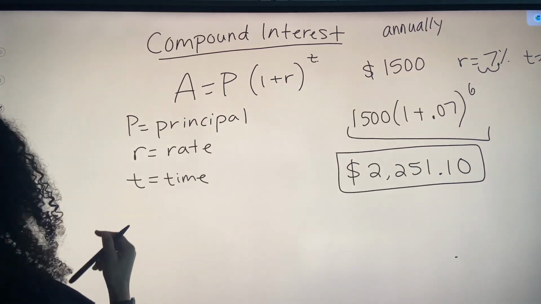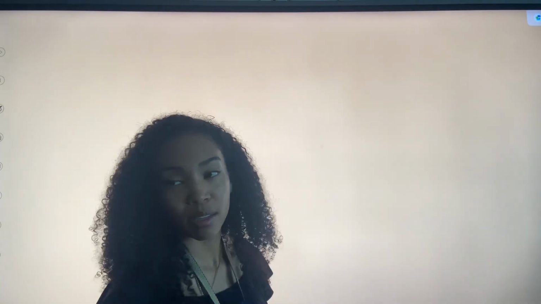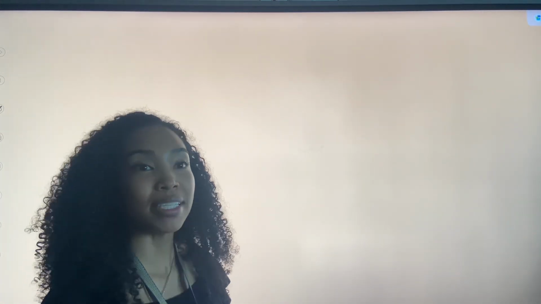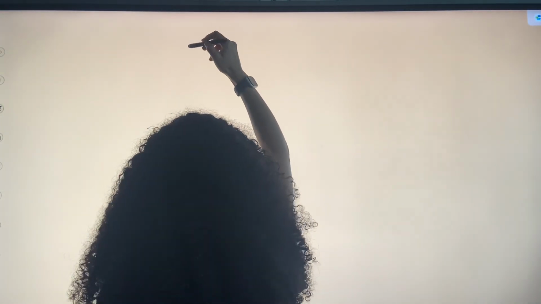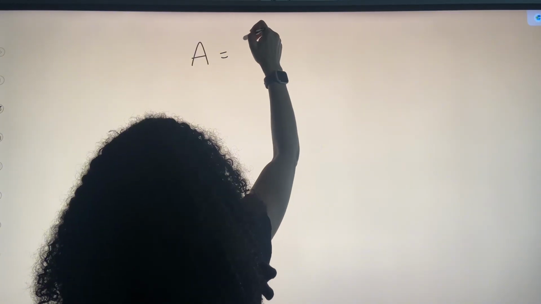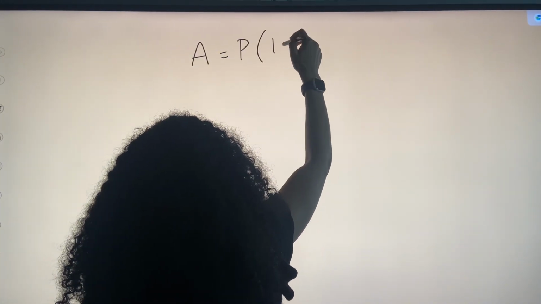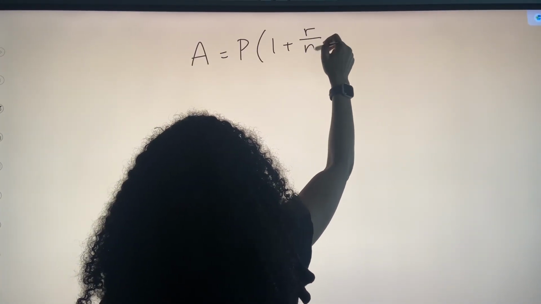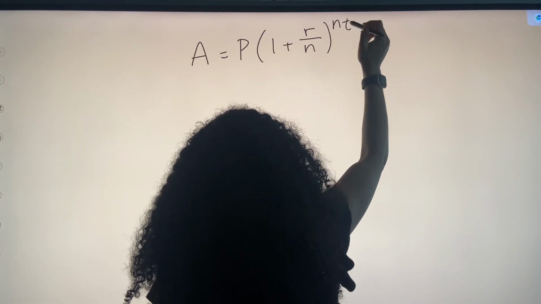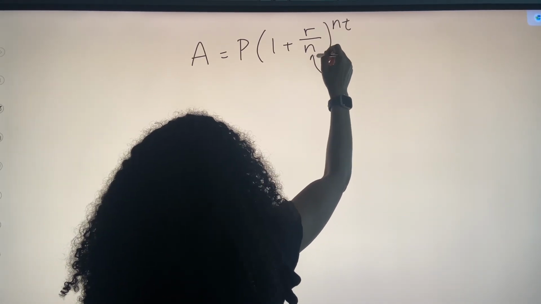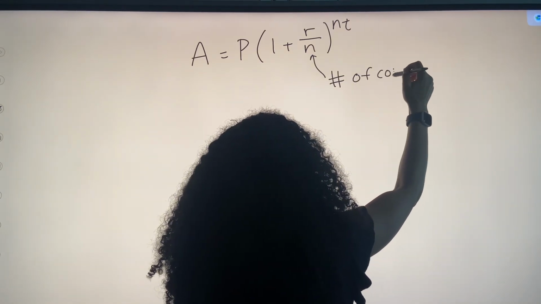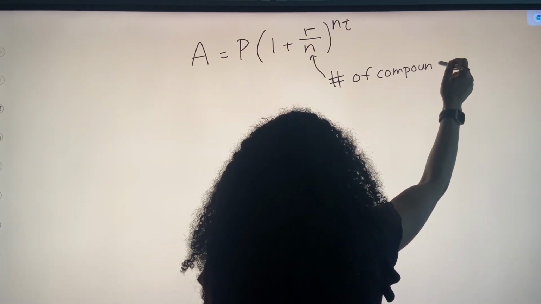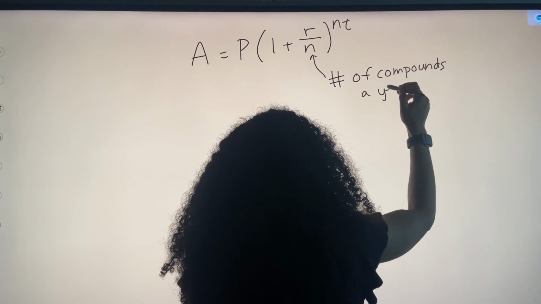Now, you guys are gonna have other problems where it's not just once a year. It might be quarterly, meaning 4 times a year. It might be daily, 365 times a year, okay? So guys, that formula is P(1 + r/n)^(nt), where n stands for the number of compounds a year.